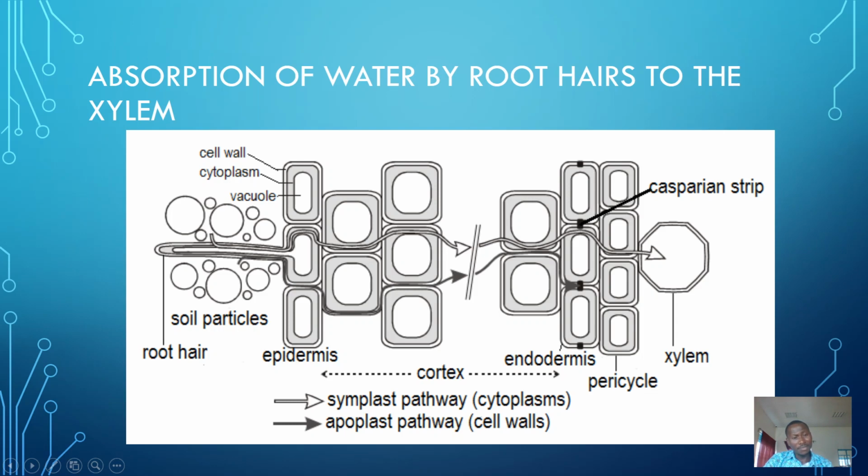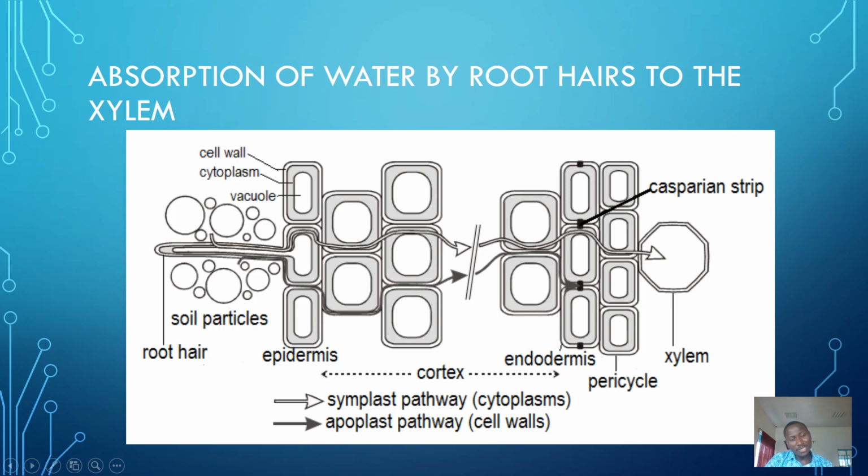Therefore, there is more water in the soil than in the cytoplasm of the root hair. Therefore, water is absorbed from the soil into the root hair by osmosis.